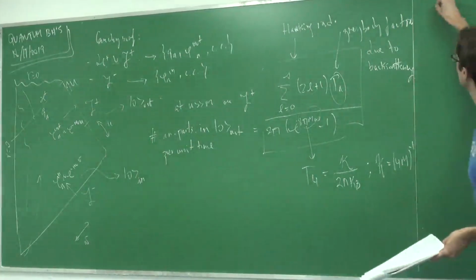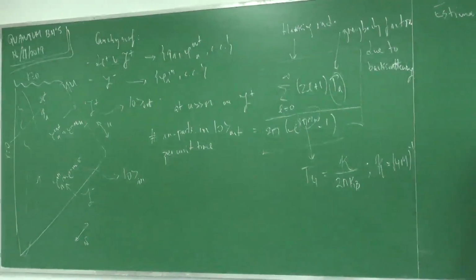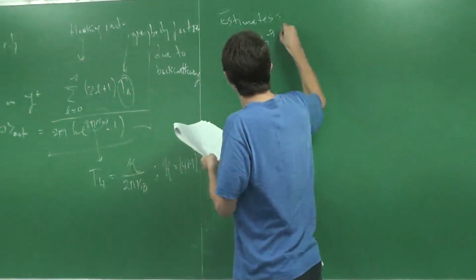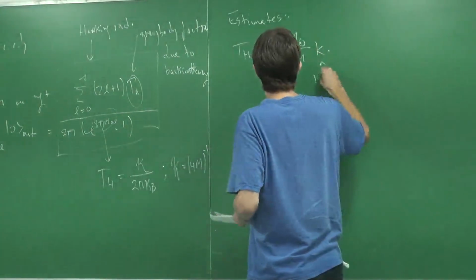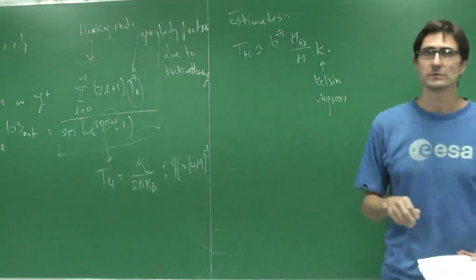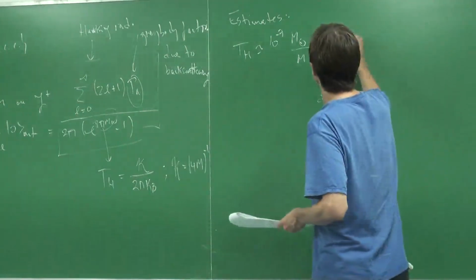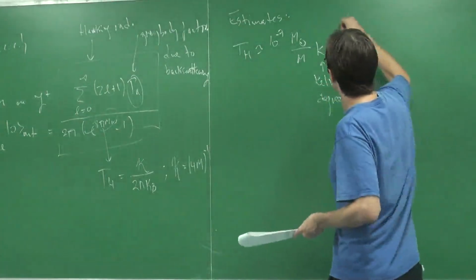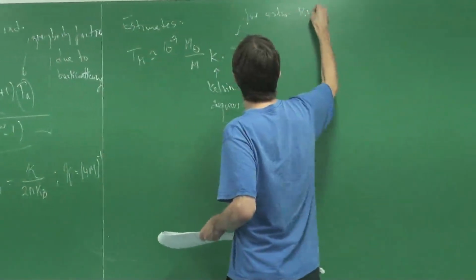So just to give you an estimate for what happens for astrophysical black holes, and here I'm restoring units, the Hawking temperature is 10 to the minus 7 times the mass of the sun divided by the mass of the black hole, which is much less than the CMB temperature for astrophysical black holes.